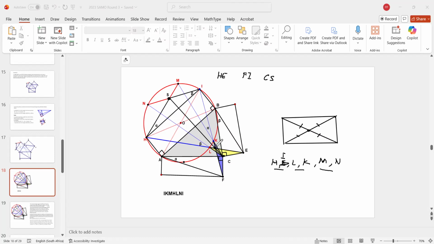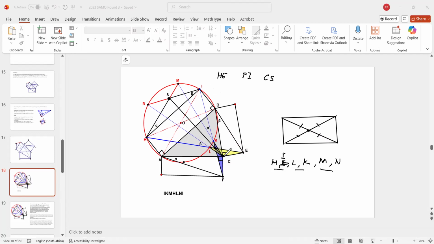If you look at this, you'll see it's IK, look at the red lines, IK and HL, they intersect at this point. So those will be 2 points on the cyclic hexagon, right? And you know that IK, all these are straight lines.